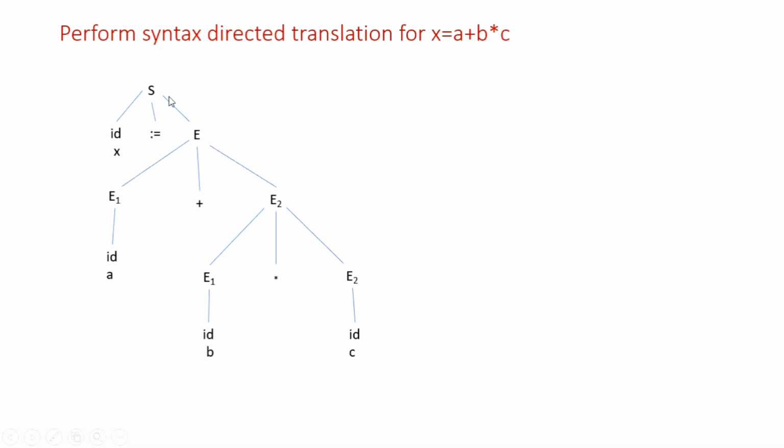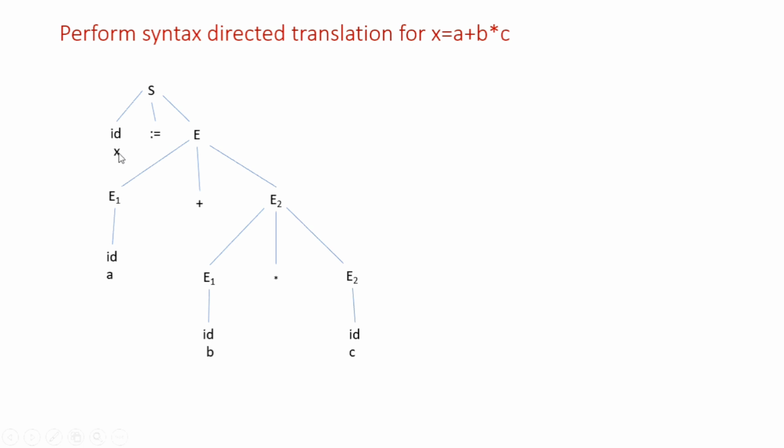Now we will transform this expression into a tree by the set of available productions. First we transform S tends to id is equal to E. This id is going to hold the value of the result, so in this case x is going to be the result.